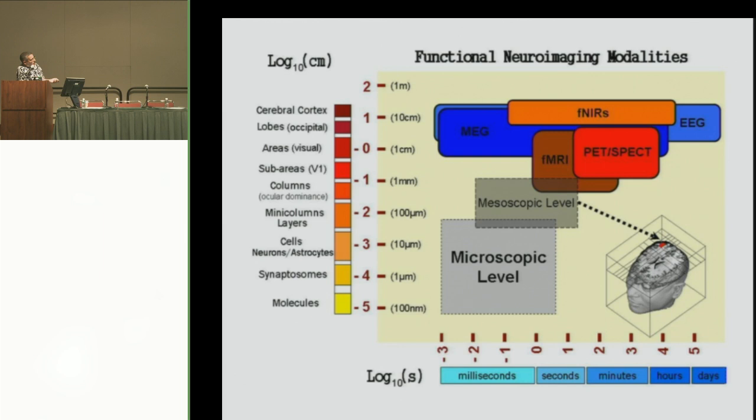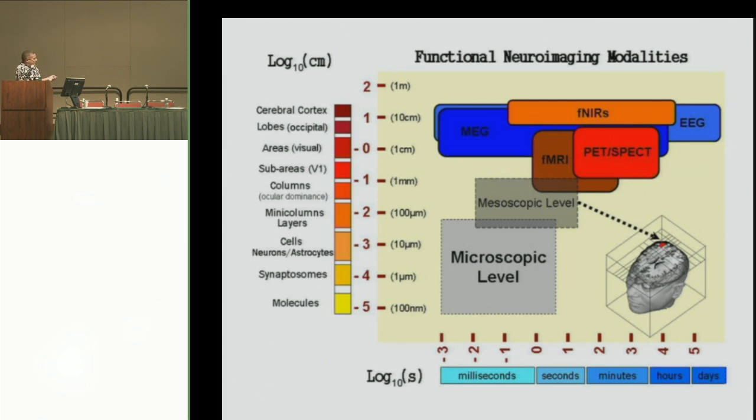And fMRI will go a little bit lower temporally, but then it could go to the level of a column of 1 millimeter. So we need to use these two modalities, and they are the least invasive. Here, the color red means invasive. So these are non-invasive, and we try to combine them to take advantage of these two characteristics: highest temporal resolution in one and low in the other, and high spatial resolution in one and low in the other.